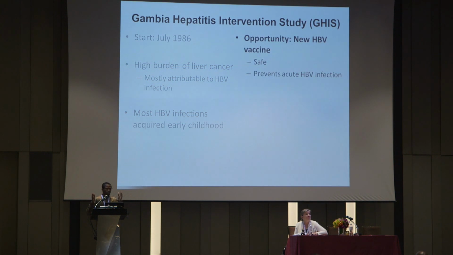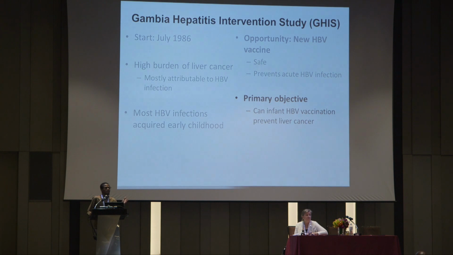At the time, there was a unique opportunity in the sense that there was a new hepatitis B vaccine that has been shown to prevent acute hepatitis B infections in certain groups of patients, and when given to infants shortly after birth, it was found to be safe. So the study was set out primarily to find out if infant vaccination against hepatitis B can prevent liver cancer.